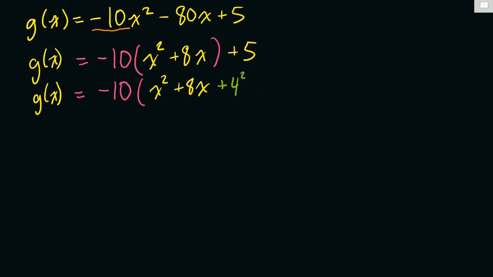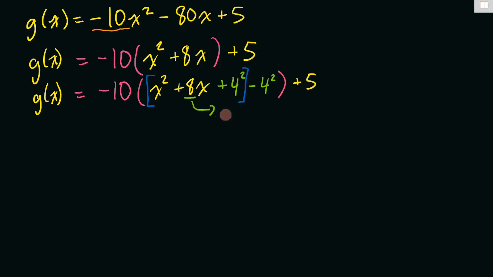And if we add 4 squared, we also want to subtract 4 squared. By adding and subtracting half of this number squared, you're going to be left with a perfect square here every time. This is the number we care about.